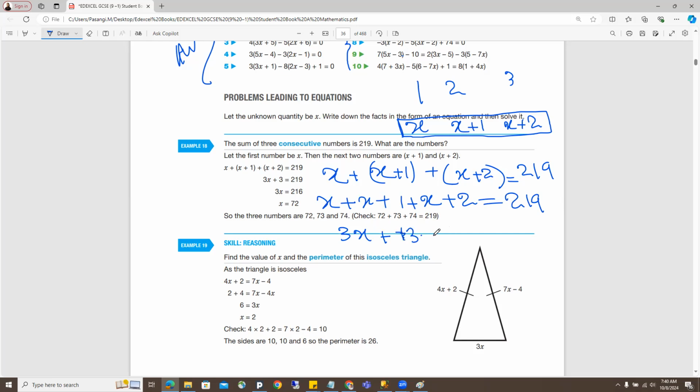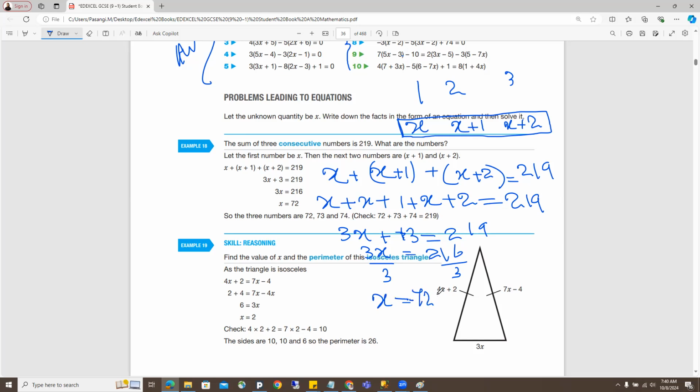So 3x plus 3 is equal to 219. Then to find the value of 3x, we have to remove this 3. Then 3x is equal to 216, and then you can divide both sides by 3. So you will receive x is equal to 72.